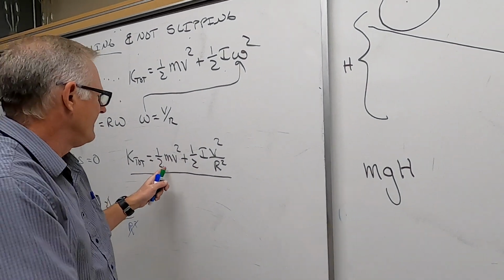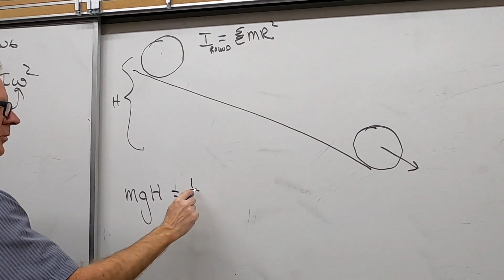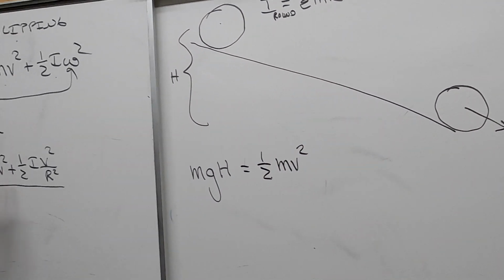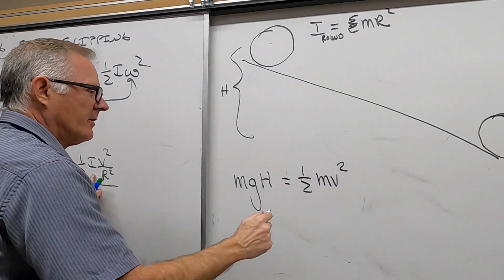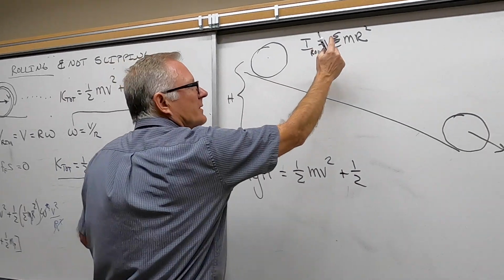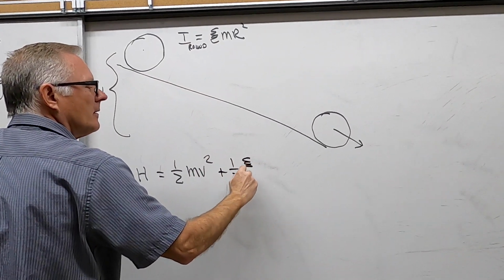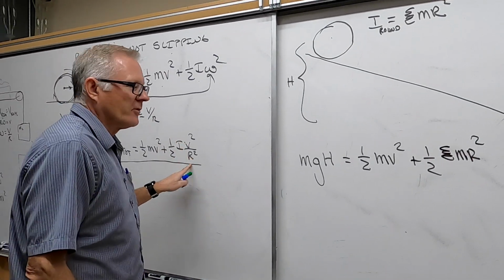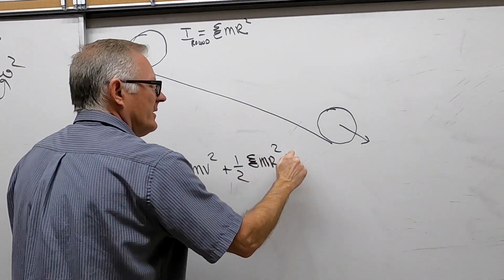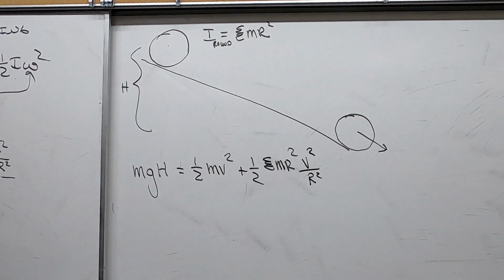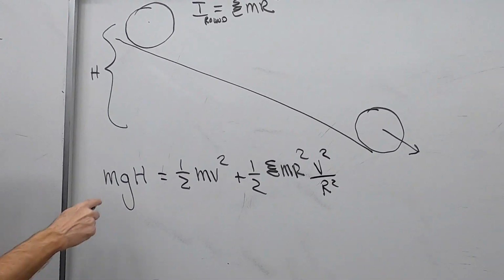So it had this one, which is 1/2 mv squared, plus 1/2 I, which we said was squiggly mr squared, times v squared over r squared. Now you'll notice by looking at this, there's an m in every term, they're gone.